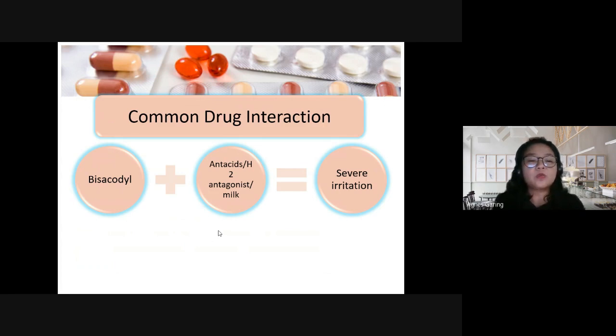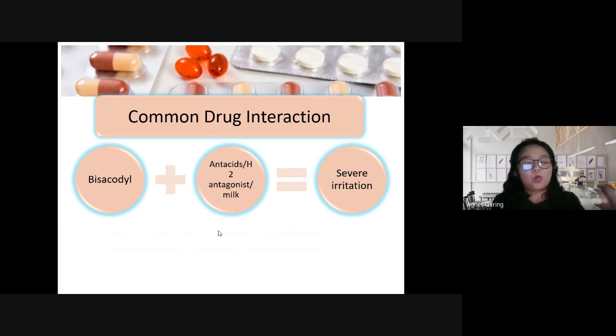Okay? So in this one class, Bisacodyl is an enteric coated tablet. Remember, an enteric coated tablet class is designed to dissolve in the small intestine. 'Di ba? It is manufactured and it is designed, no, to disintegrate and release, okay, in the small intestine. However, since hindi naman tao si Bisacodyl, syempre hindi naman nag-iisip ang tablet, di ba?